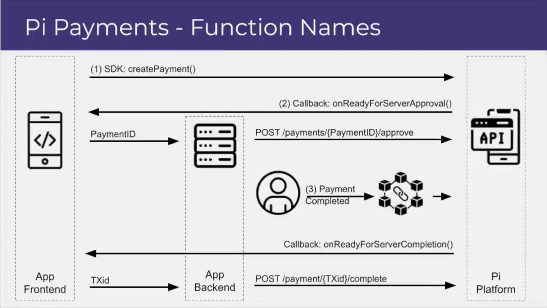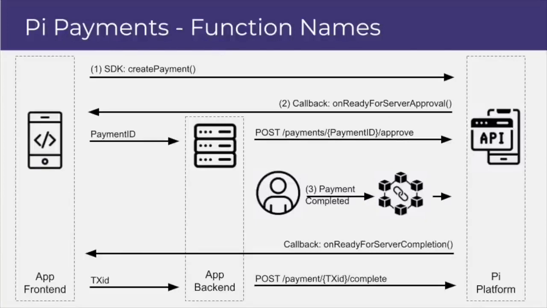And those two events are onReadyForServerApproval, and this is when we get the payment ID that we need to send back to our backend for the server-side approval step. The REST API endpoint that is used for this purpose is payment/payment ID/approve. And then the whole part where the user interaction is needed is completely out of the developer's plate.